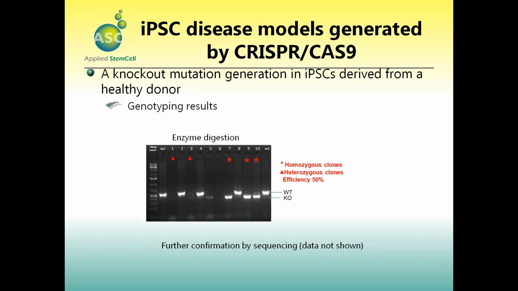So the efficiency is about 50%. And the positive ones were sent out for sequencing to confirm that the designed mutation was correct. So the designed mutation was then confirmed by the sequencing. I didn't show the data for the sequencing, just to let you know that we will finally sequence these positive clones to make sure the mutation is right.